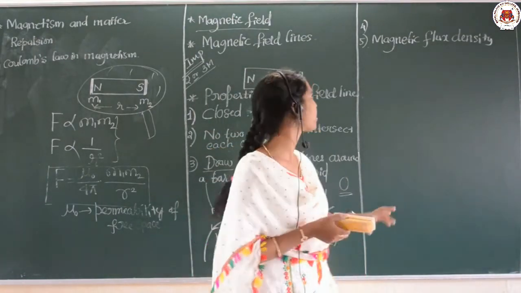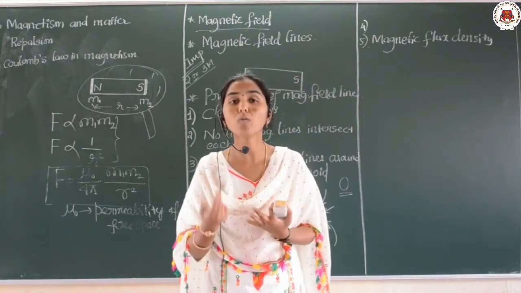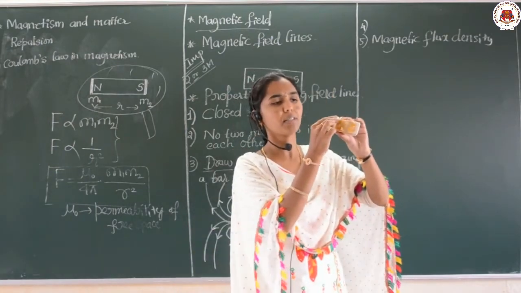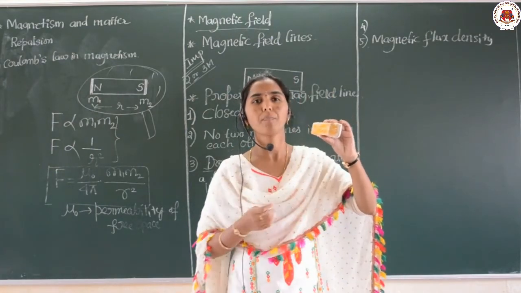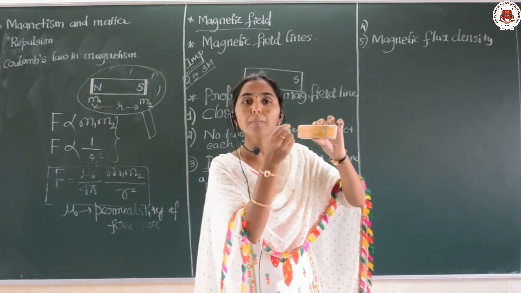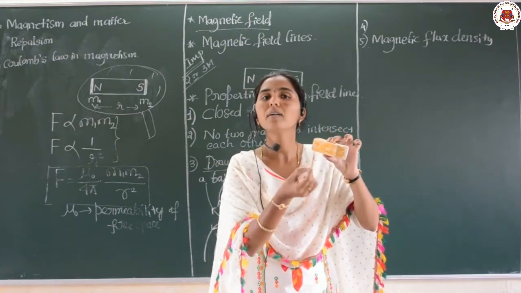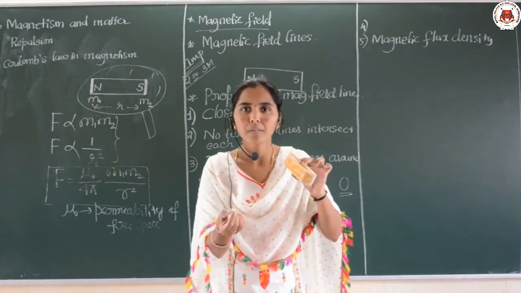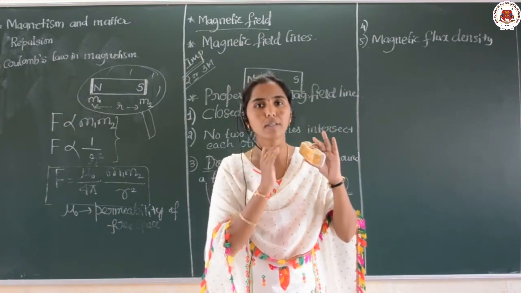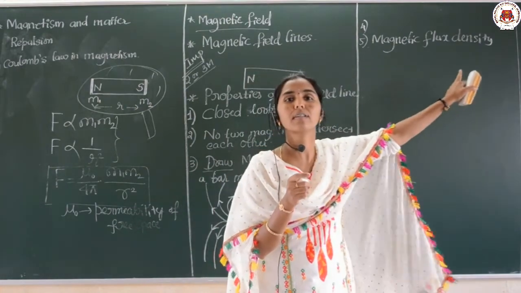Yes, magnetic flux density, what does it give, how to obtain this? Suppose consider this is one area. Then through this area, the number of field lines crossing per unit time through that unit area perpendicular to its direction gives the magnetic flux density.